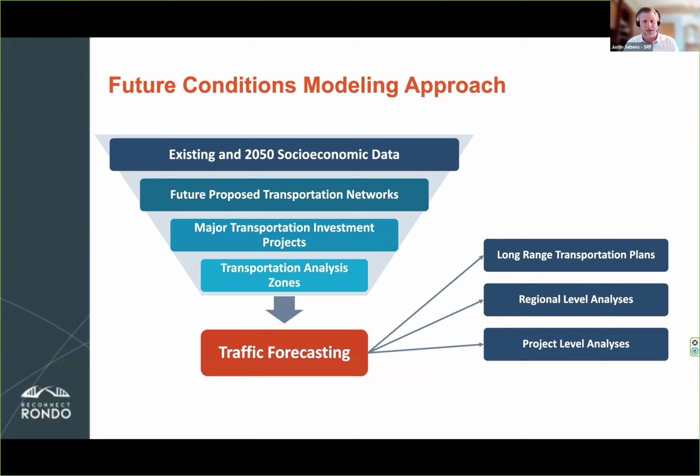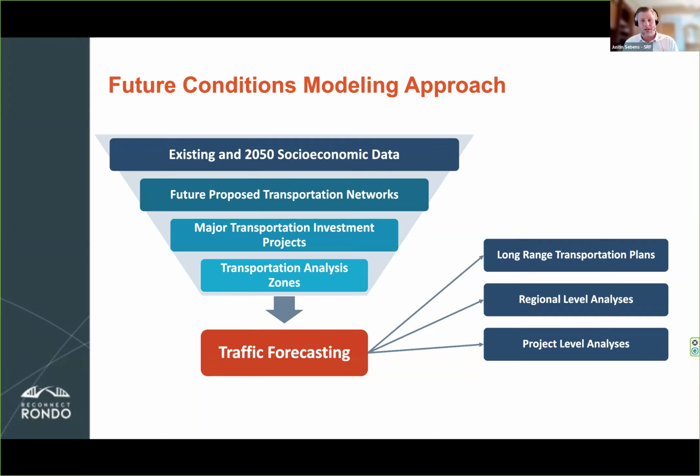And I already mentioned those transportation analysis zones that feed into the traffic forecasting effort. So we're going to be taking all of this data into account from a forecasting perspective, and we're essentially going to say, here's what we think the roadway system is going to look like in the future from a volume perspective. Once we have that information, there's a handful of things that we can do with it.